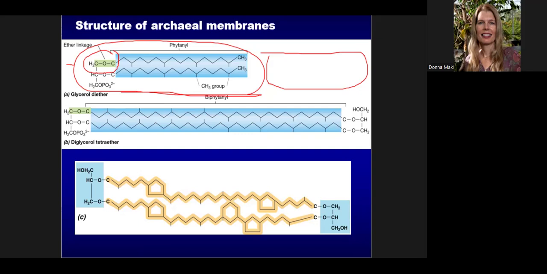So very often, if you were to go into a submarine and go deep into the ocean and collect some samples there, you'd probably find a lot of archaea that have a solid monolayer membrane because it helps them deal with the extreme pressure.